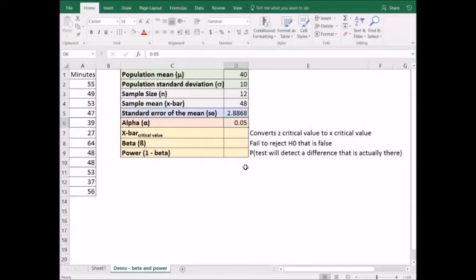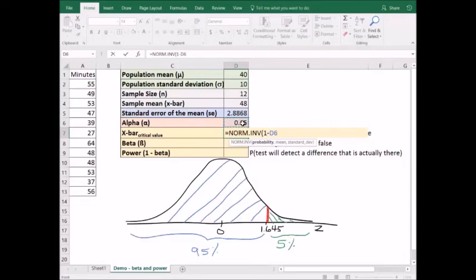or 0.05. To compute beta, we first need to compute the critical value in terms of minutes. Equals norm.inv, and for probability it's going to be 1 minus the alpha, because this is a cumulative probability formula, and we want to know what is the x that corresponds to the z and our upper tail, which means 95% of the curve is to the left of that.